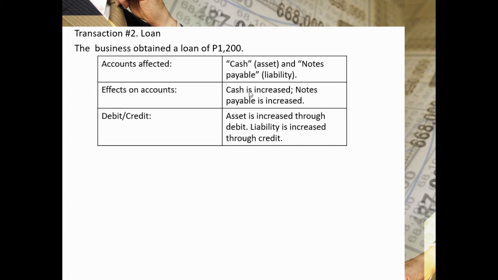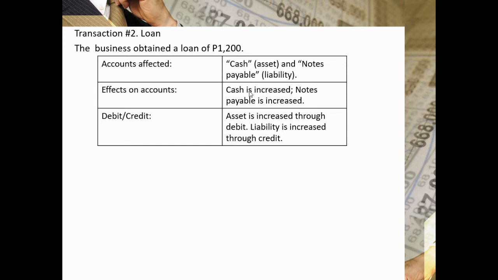So, kung nagkaroon ka ng cash at nagkaroon ka ng notes payable, ano ang effect niya sa accounts? Siyempre, mag-i-increase si cash kasi nakatanggap ka ng pera at mag-i-increase din yung notes payable mo kasi nagkaroon ka ng utang. So, dahil nag-increase si cash, it will be increased through debit, and liability will also be increased through credit.